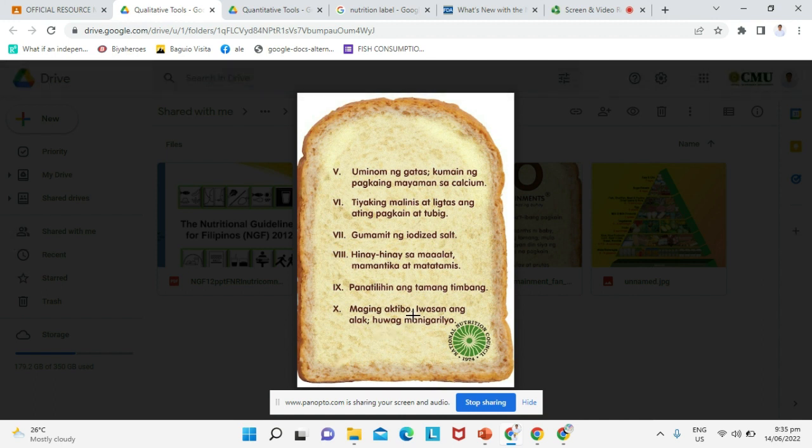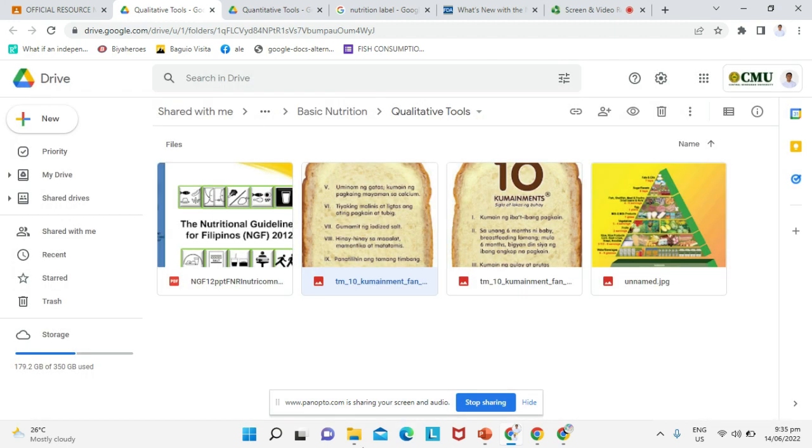So, engage in physical activities. Avoid drinking alcohol and never smoke. Okay, iwasan ang alak, huwag manigarilyo. Okay, so that's the 10 commandments of the Philippines as our official nutritional guidelines.